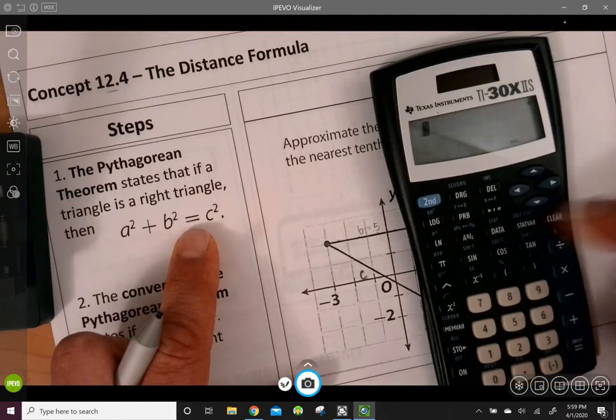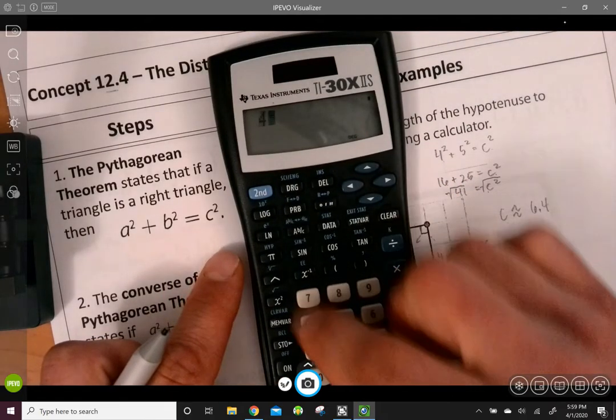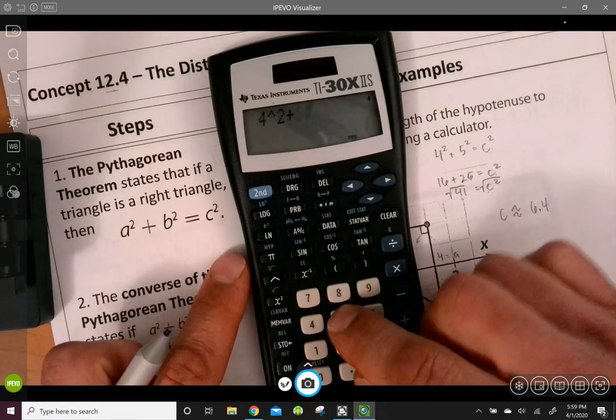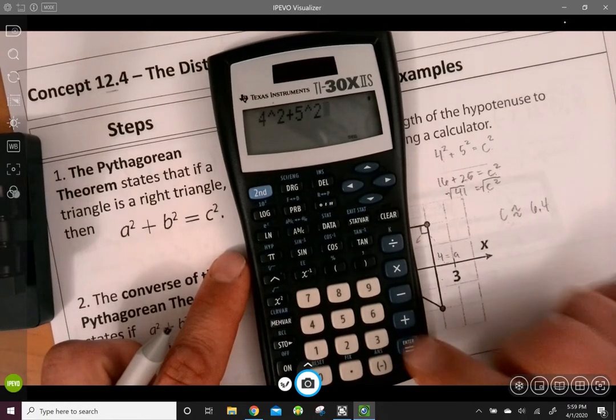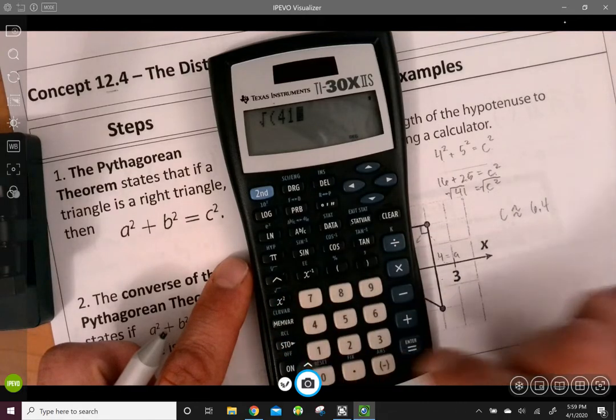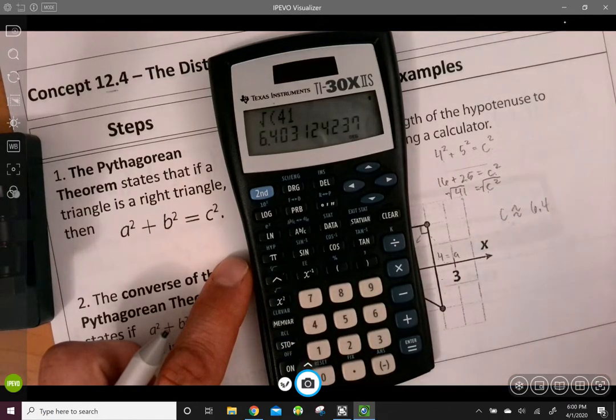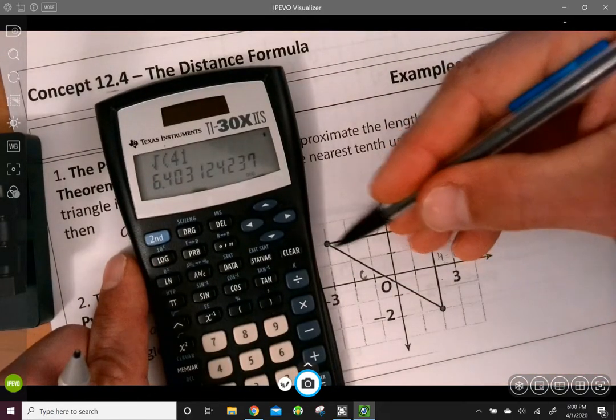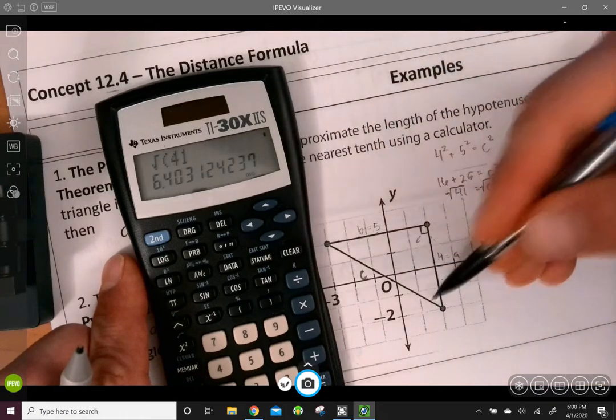You know how they work. Okay, 4 to the second power plus 5 to the second power equals, and then take the square root of 41, and that equals 6.403, so approximately 6.4. So the length of this side right here is about 6.4.